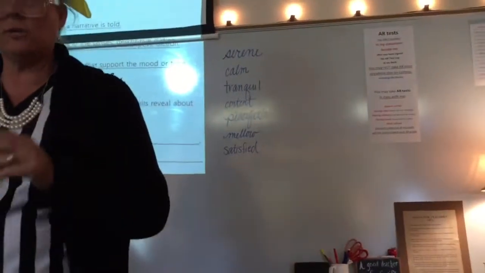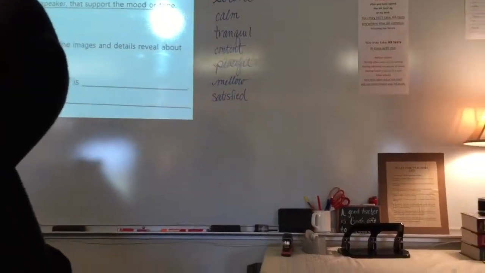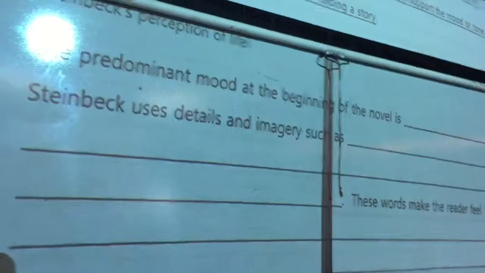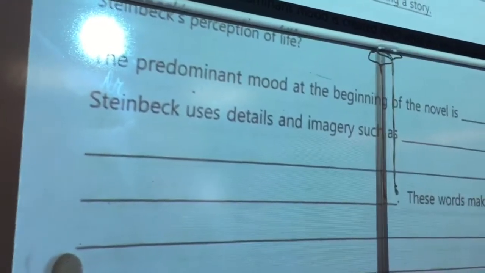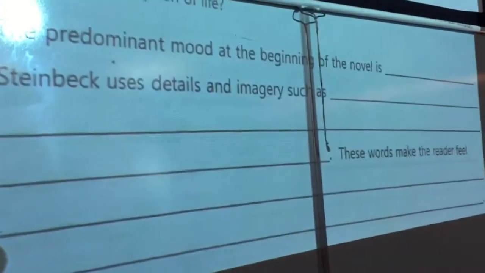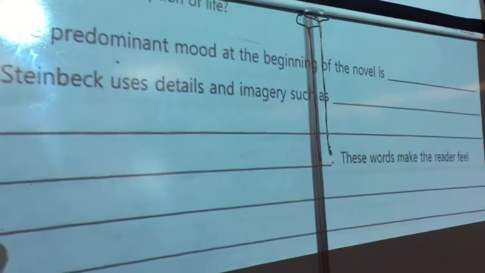Now, what I want you to do is to read the passage below, and it says the predominant mood at the beginning of the story is. Now, you get to pick one of those moods. Okay, so the predominant mood is, what did someone put? Satisfied. Okay, what's another one you put? Serene. Okay, you now have to defend that. So where will you find evidence to defend that? Go ahead, Leo.